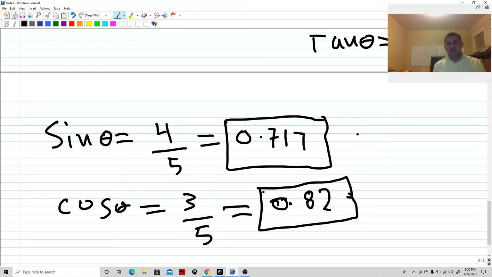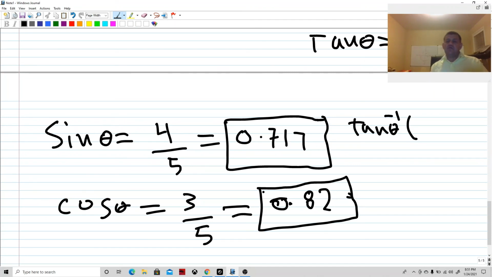So tangent of theta is the ratio between these two, and it's very close. It changes a little bit because of the decimals, but it's still close.